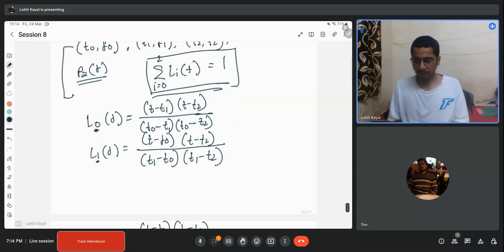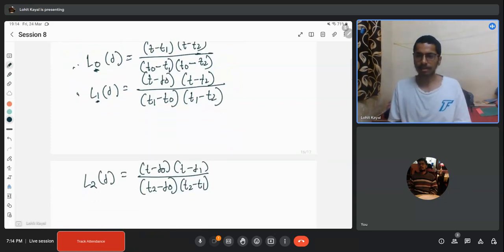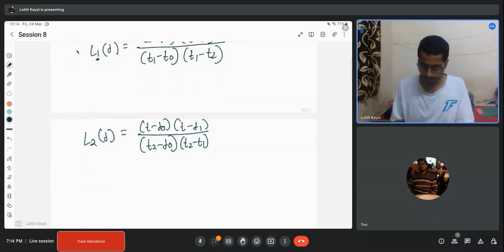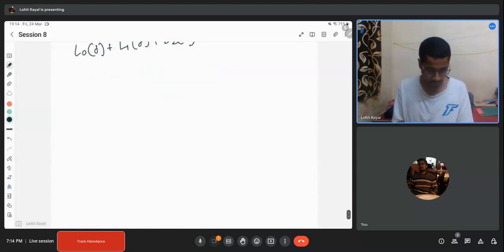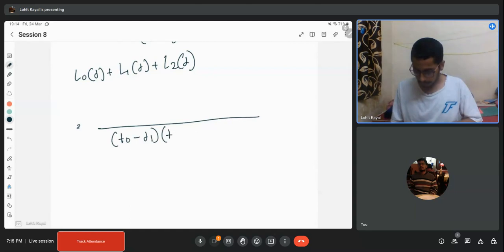Now to prove that, I need to add these three expressions. We can clearly see that there will be some common factor in the denominator, and I need to just do some algebraic manipulation, and after that we will see if it is 1 or not. So if I write L naught t plus L1 of t plus L2 of t, I can take these as common: T0 minus T1, T0 minus T2, and T1 minus T2. It will be the common denominator.